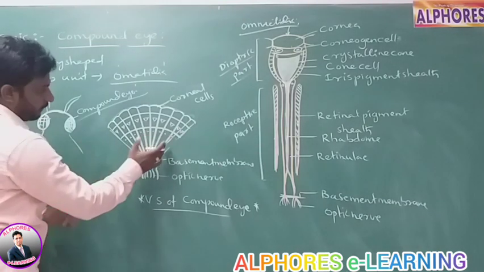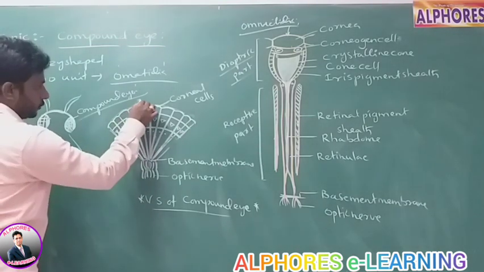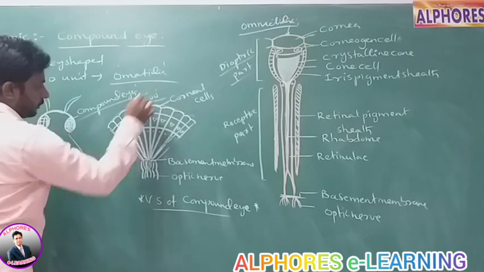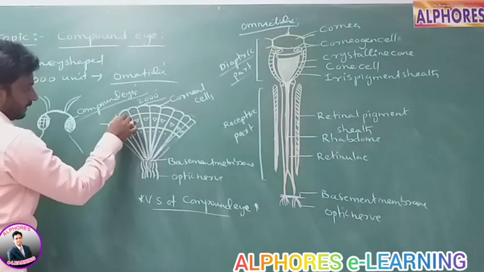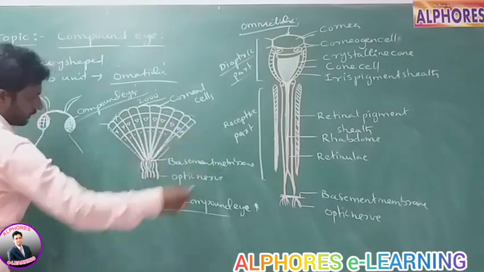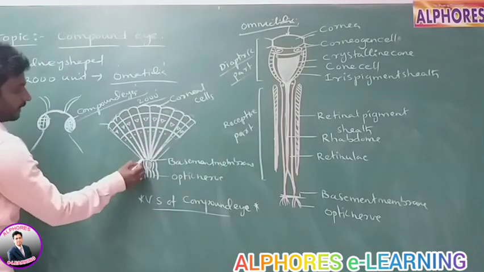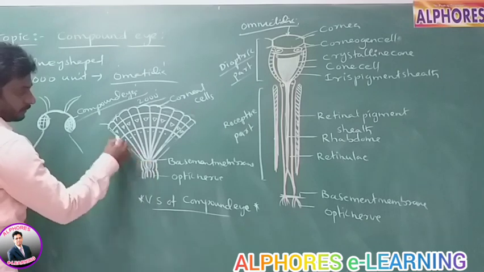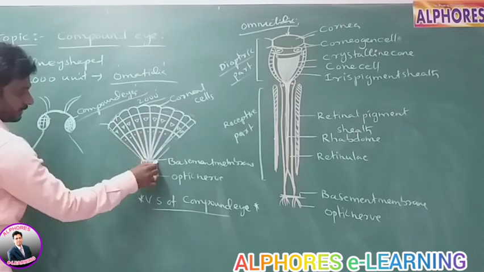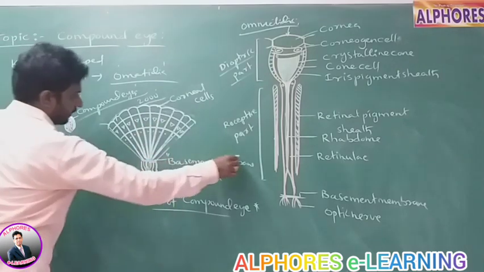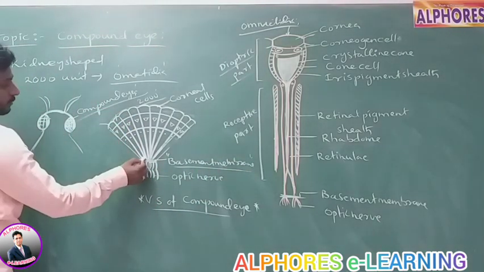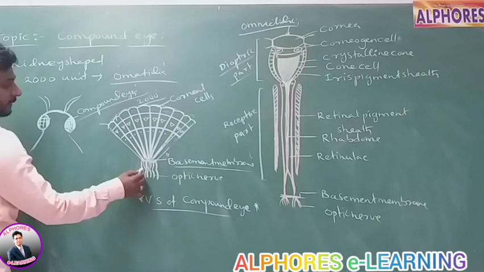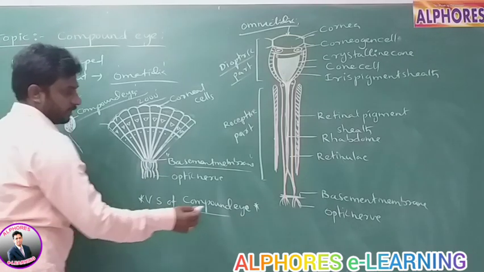So this is the compound eye. Each compound eye consists of 2000 hexagonal units. This is one ommatidium, second, third, fourth, like this. 2000 ommatidia are resting on a membrane called the basement membrane. From these 2000 ommatidia, one nerve arises, which is called the optic nerve.